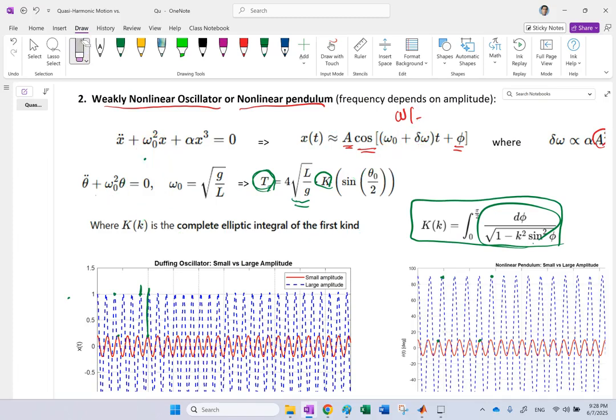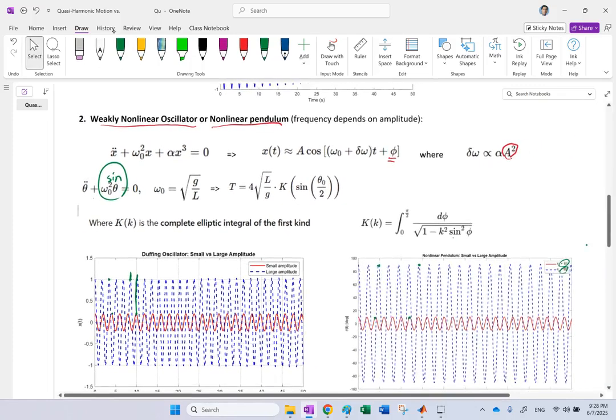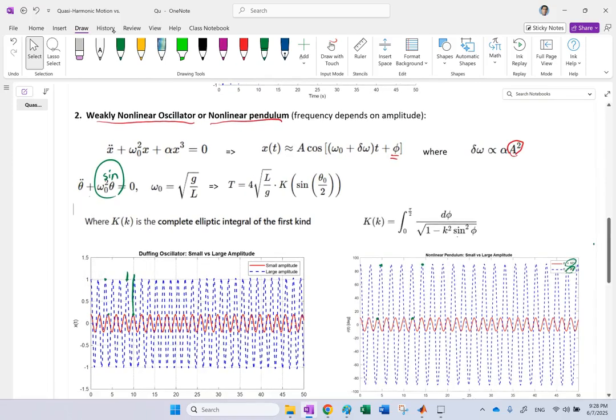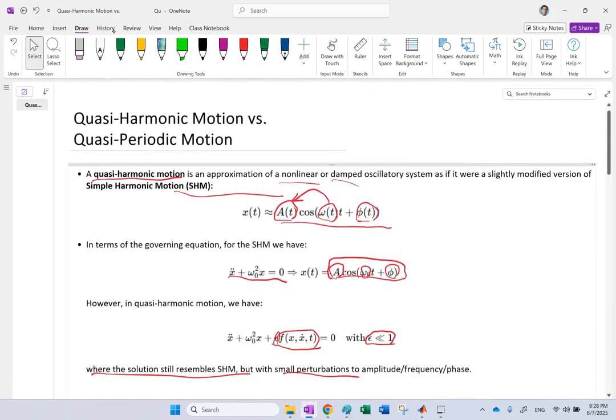The solution of that is what we call a Jacobi sine function, and that one is just a function that only exists numerically. You cannot analytically solve this. So that is a second scenario for a quasi-harmonic motion. So these are the cases for quasi-harmonic.